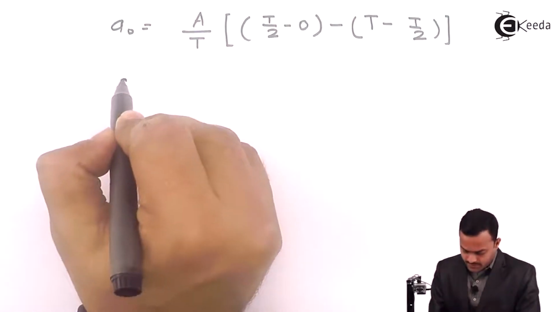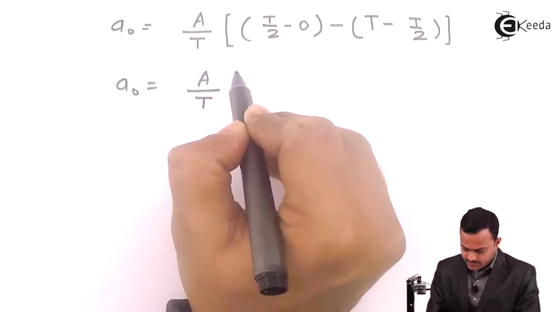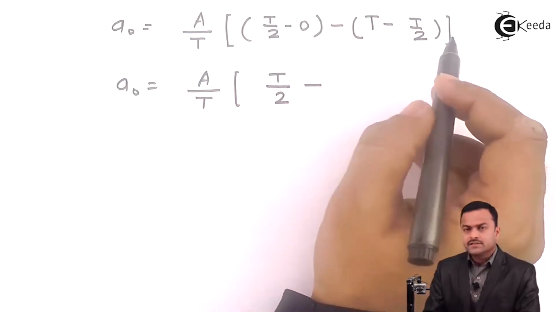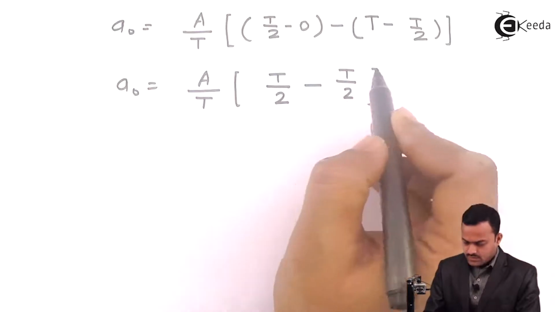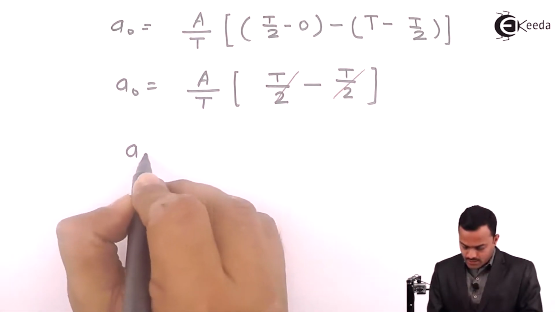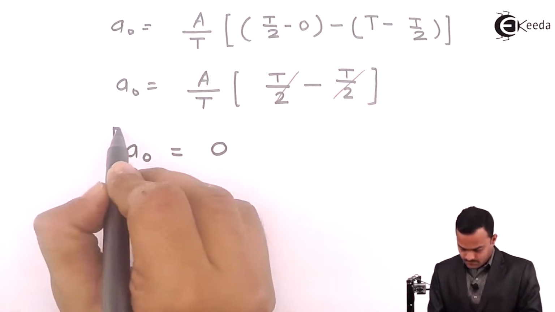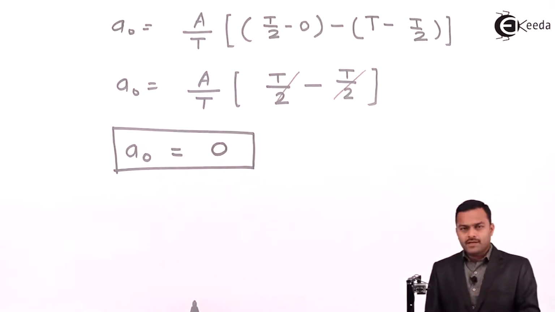After solving, we get a0 as A upon capital T in brackets T by 2 minus T by 2, these two getting cancelled. So in the end, we will get a0 as 0. So the constant term in the Fourier series of x of t will be 0.